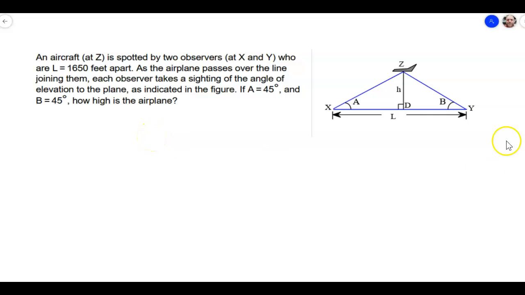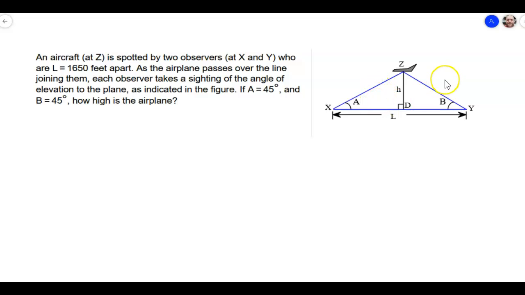All right, so we have a triangle here. First of all, if this is 45 and this is 45, this has to be 90 degrees, which means this is a right triangle, and that makes this question a whole lot easier, because we can just use the Pythagorean theorem.